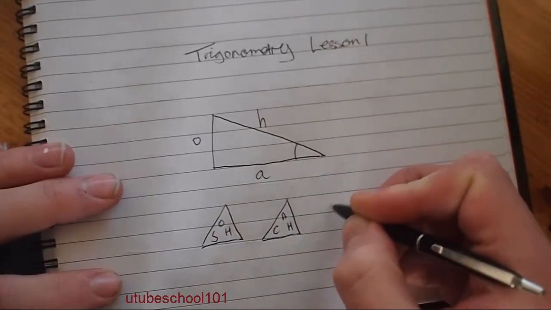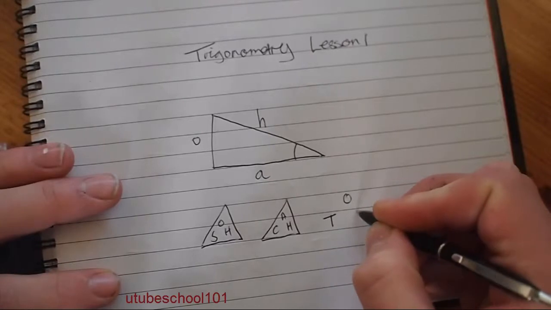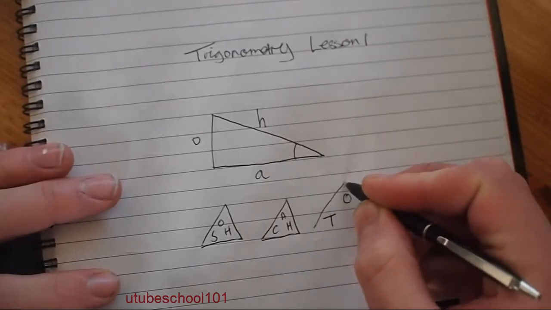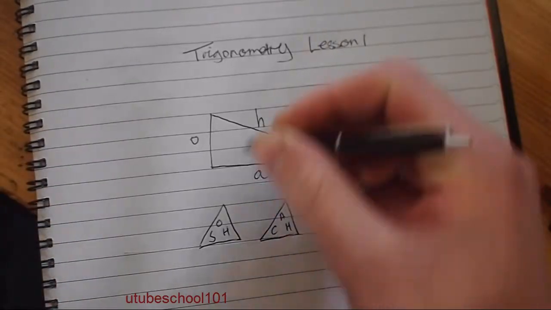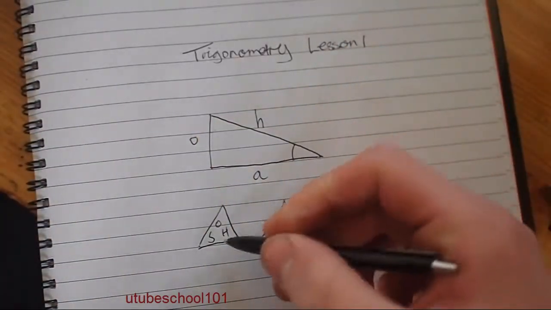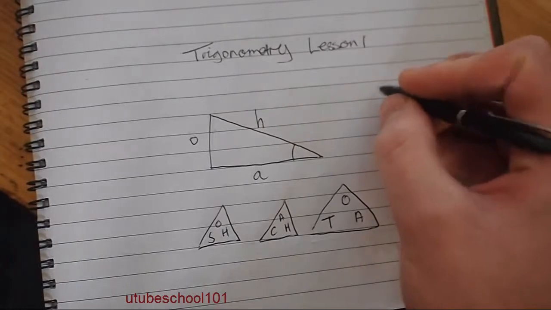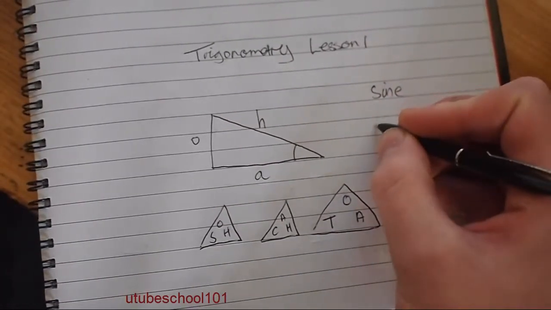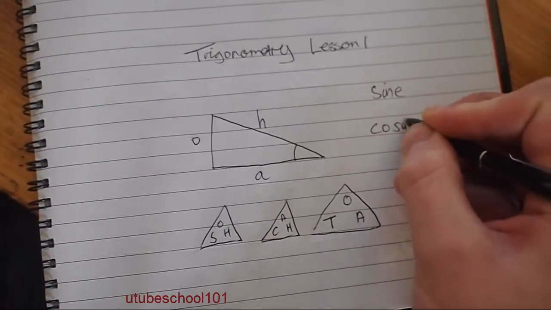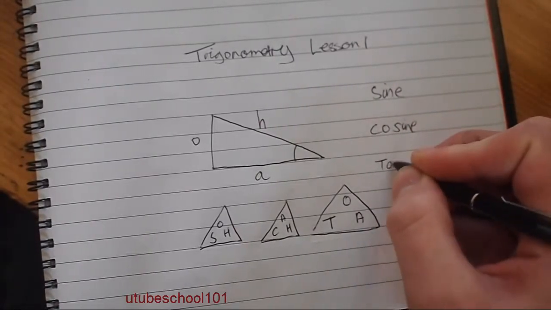SOH CAH TOA. Now notice the letters on the right side of each triangle represent these letters here. But what do the S, C and T mean? Well, the S is the sine, the C is the cosine, and the T is the tangent.